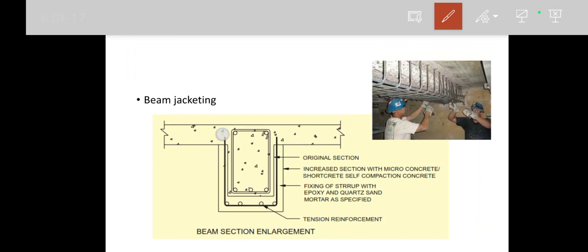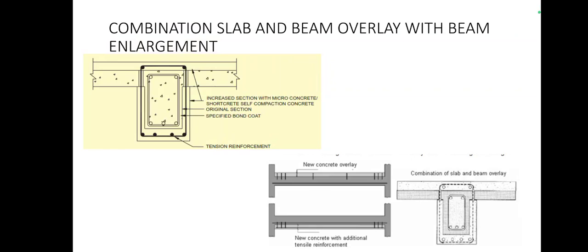Here you can see that new reinforcement is drilled into the slab, and then the main rods are running along the length of the beam with the stirrups drilled into the slab, and then the concreting is done. This is called beam jacketing. Sometimes we can strengthen both the beam as well as the slab.